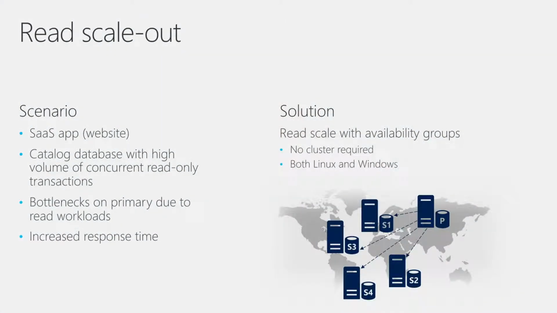Next, let's focus on another scenario. You are a customer that has a SaaS application like a website, which uses a catalog database with a high number of read transactions. Previously, you had to set up a cluster to offload read workloads for the application to readable secondary replicas. Now, you can create a group of replicated databases and leverage the fastest replication technology for SQL Server, and no cluster setup is required.